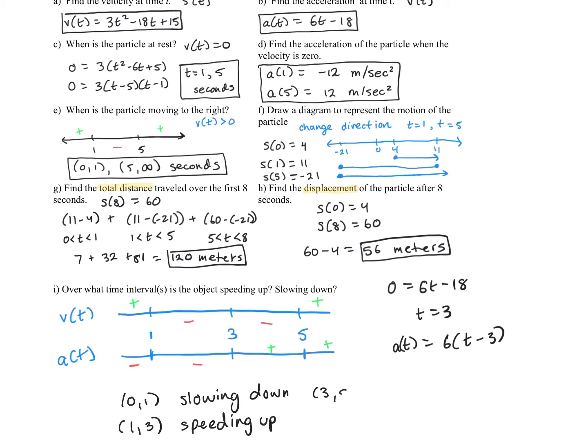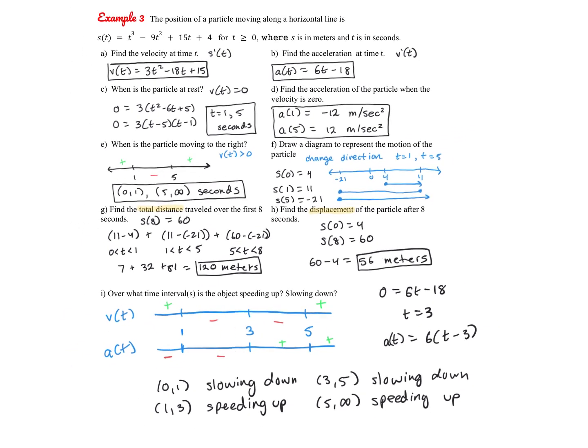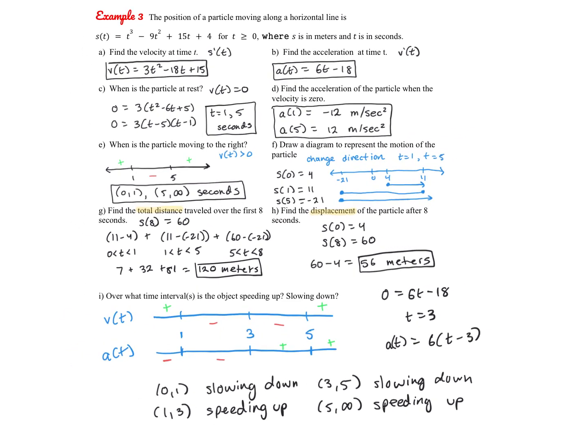And then from 3 to 5, again, we have opposite signs, so our particle is slowing down again. And 5 to infinity, our signs match, so that means that our particle is speeding up. All right, and that is it for this problem.